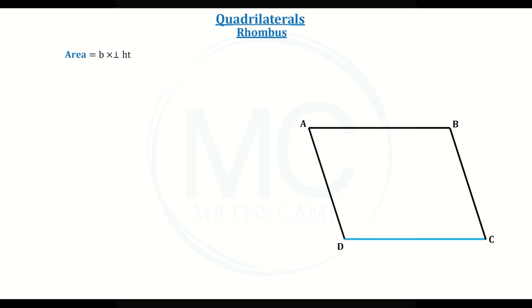Now let's look at the perpendicular height. The word perpendicular tells us that there is a 90-degree angle between two lines, but a rhombus does not have any interior angles of 90 degrees. So in this case, angle D and angle C are not 90-degree angles, which means that AD and BC are not perpendicular to the base CD, and we cannot use the lengths of either of these sides as the perpendicular height.